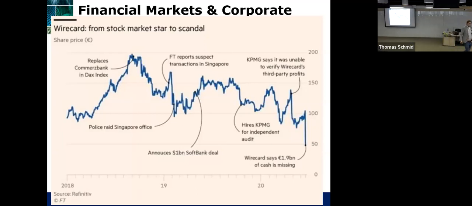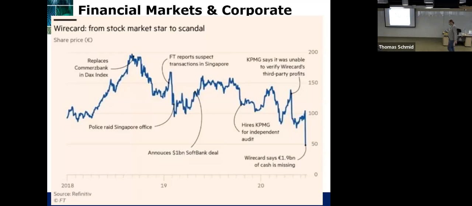Then, approximately 2 years ago, suddenly it became obvious that they were engaging in massive fraud. At some point they admitted that 1.9 billion euros of cash were just not there, just disappeared.